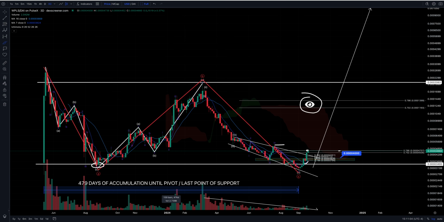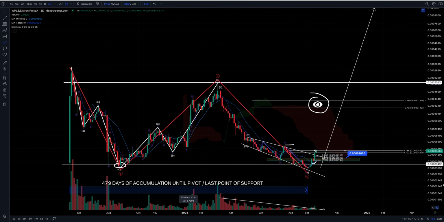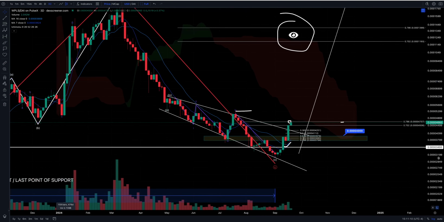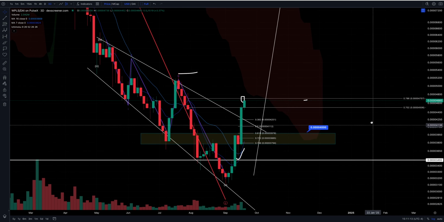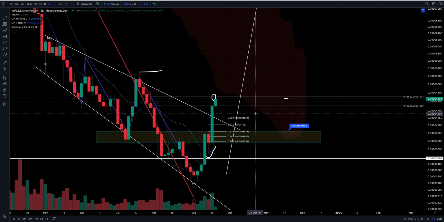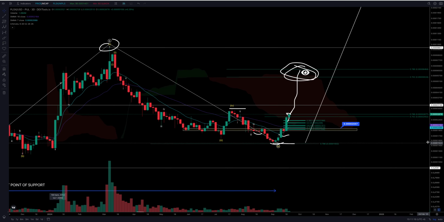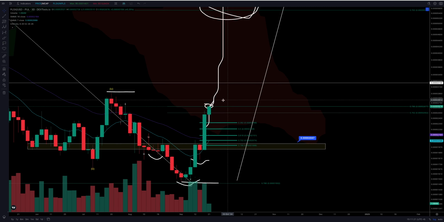So far the whole ecosystem does look like it has bottomed. Going forward, we would just want to see a push above this intermediate resistance over here. Okay, this is PLS, this is PulseX, right? This intermediate resistance over here.